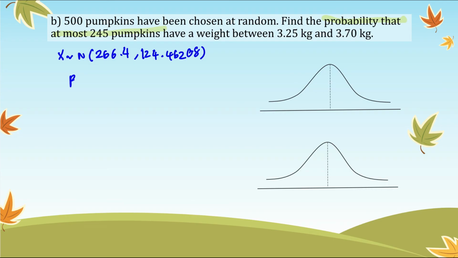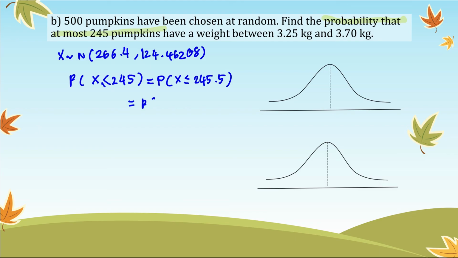Okay, we want to find the probability for at most 245 pumpkins. So x less than equals to 245. Don't forget to do continuity correction because it is less than and equal. So after continuity correction, it will be 245.5.